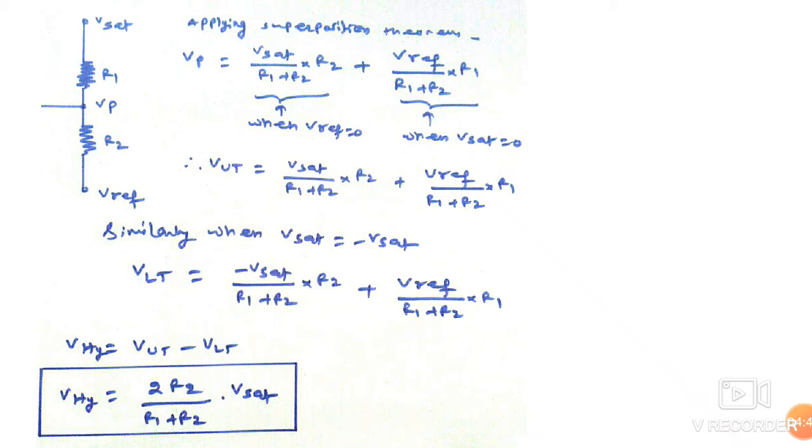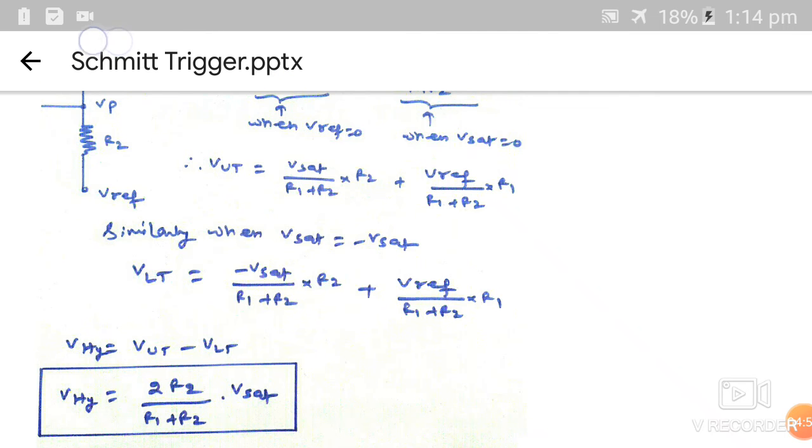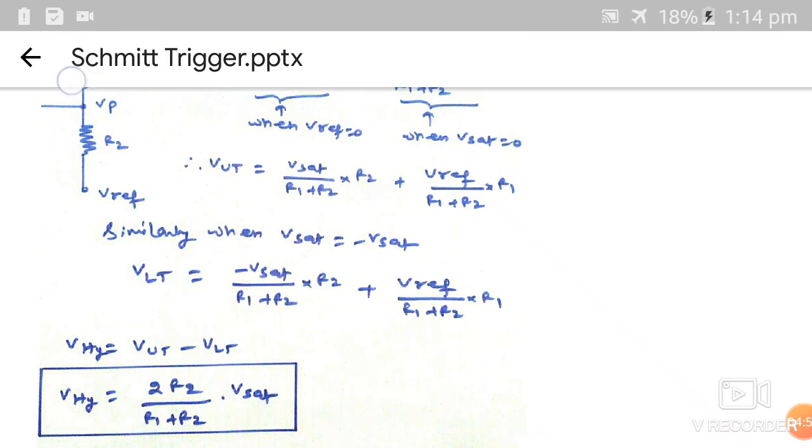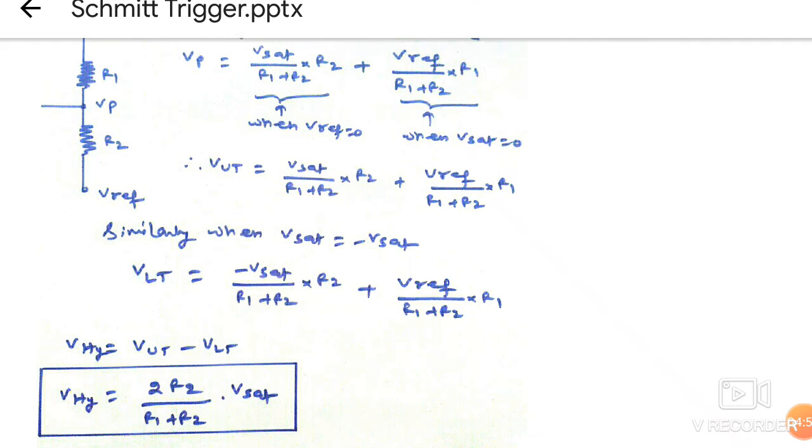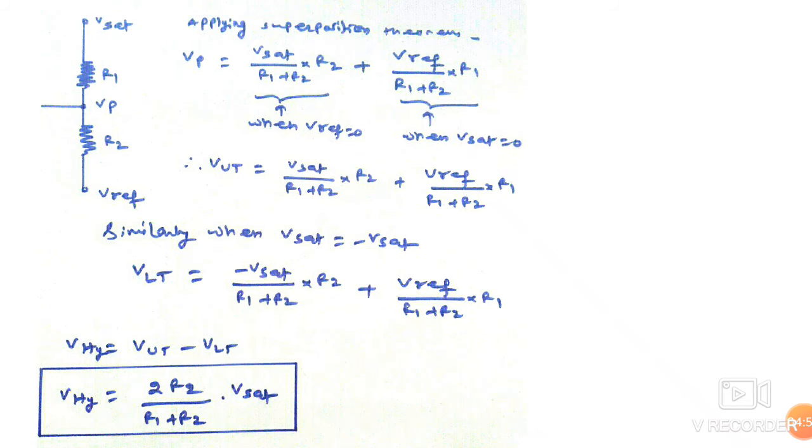This potential is called VUT, that is the upper trigger voltage, when V output is plus Vsat. When V output is plus Vsat, the potential of this point Vp is called VUT, that is the upper trigger voltage, and this is given here.